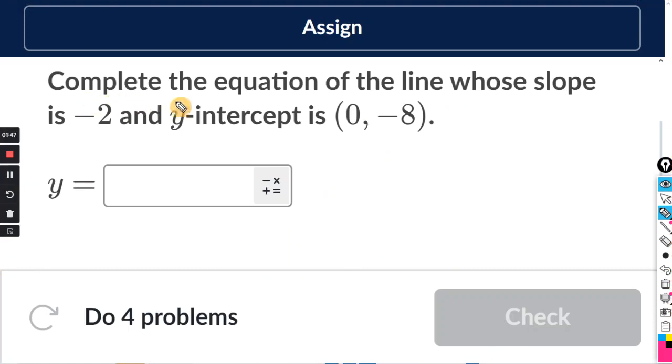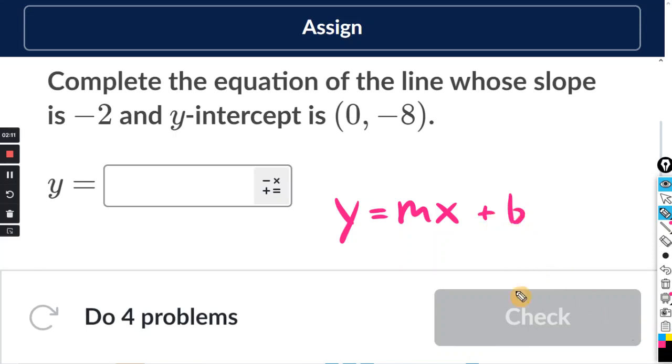It says complete the equation of the line whose slope is -2 and y-intercept is 0, -8. They already wrote y equals. We just have to complete the equation. The equation of a line is y equals mx plus b.